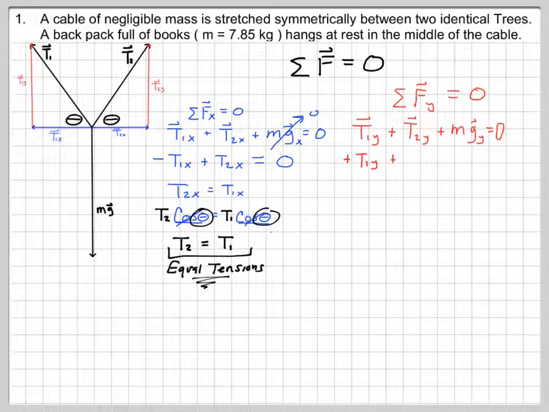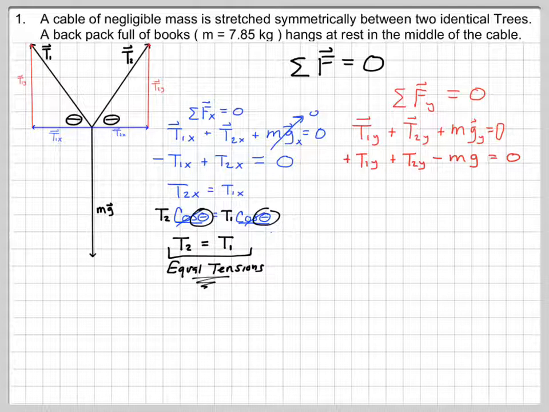T2y is similar, it points upward, plus T2 sub y, and then the weight force is the one that points down, so I put a minus sign, and then I'm just putting mg, all of mg. There's no need to put subscript y anymore because the entire thing points down, and then those three vectors add together to be 0. It's important that you remove the vector notation in this step because the directions are indicated by the plus and minus sign in one dimension.